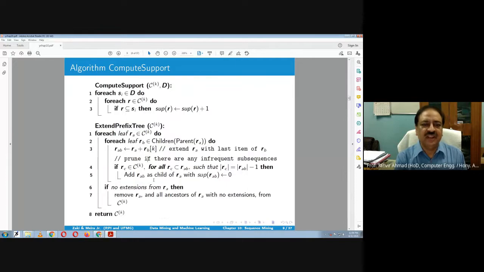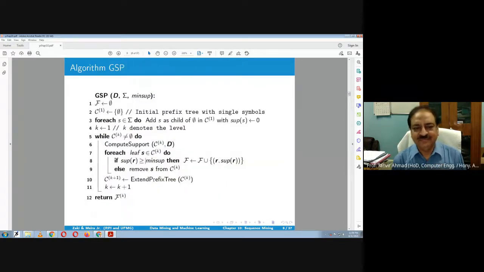Now just see this algorithm. This algorithm is the one we have just spoken about. Here, GSP will work with 3 parameters: D, which is the database, sigma, which is the list of symbols, and minimum support, which is user given.